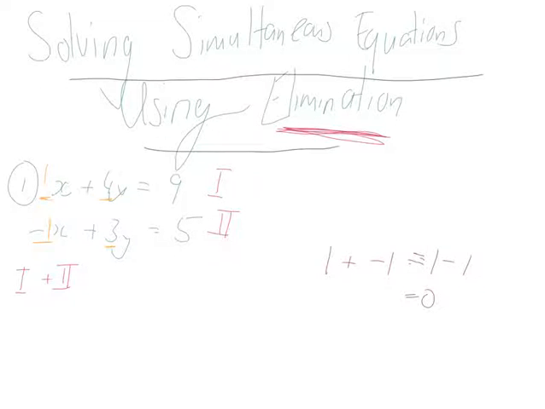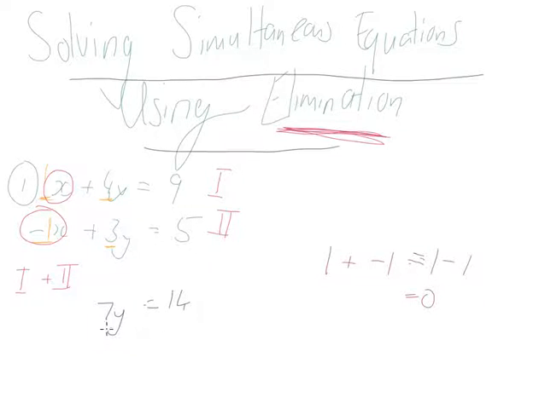So the x's will go. If I add them together, x minus x, 0 x's. Then in terms of my y's, I have 4y plus 3y, so that's 7y. And then I've got 9 plus 5, 14.